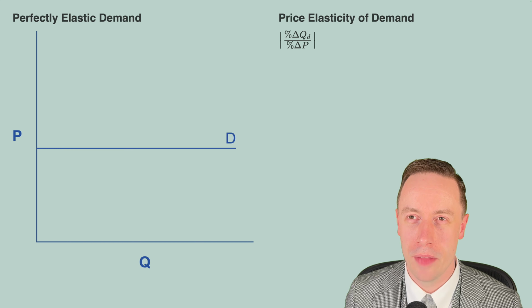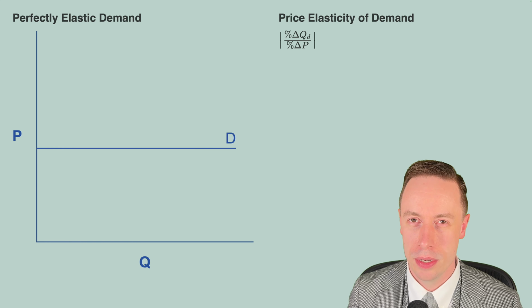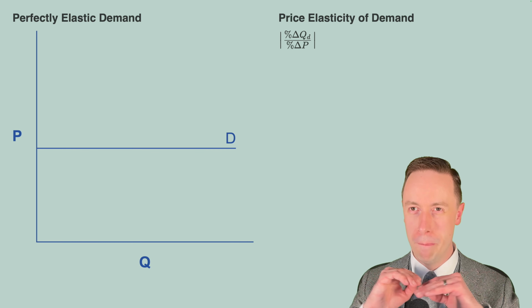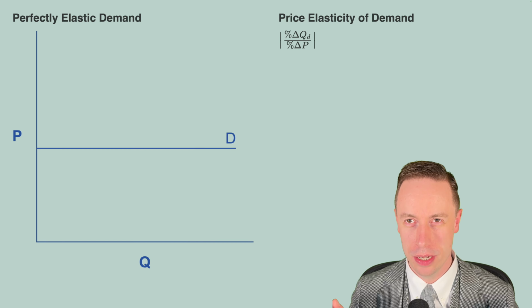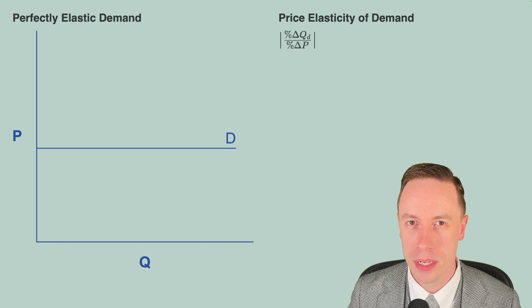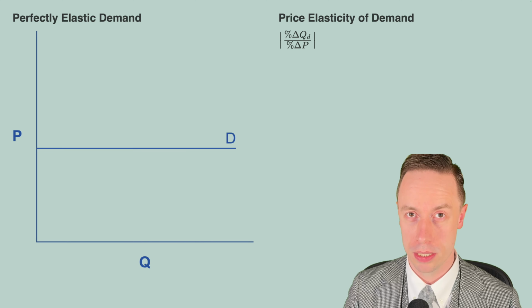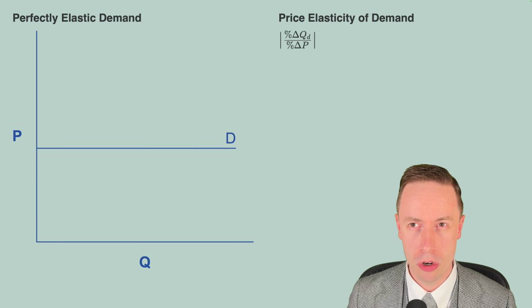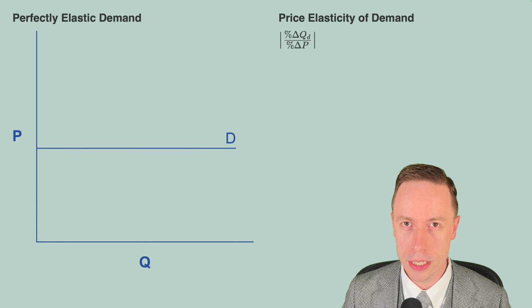Let's look at the opposite situation. Here's a demand curve, once again, a little bit strange looking, flat, completely flat. So if we want to look at this in terms of our elasticity calculation, that actually ends up being a little bit tricky, because percentage change quantity demanded over percentage change in price.